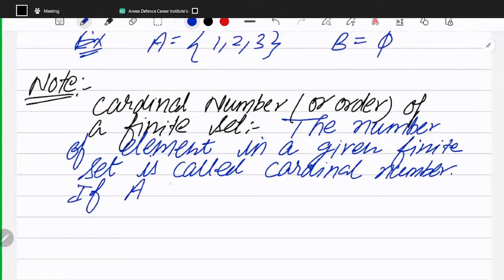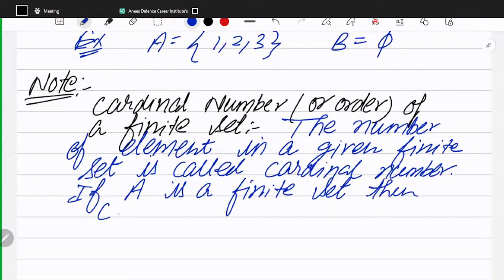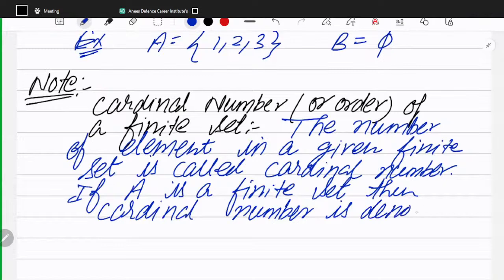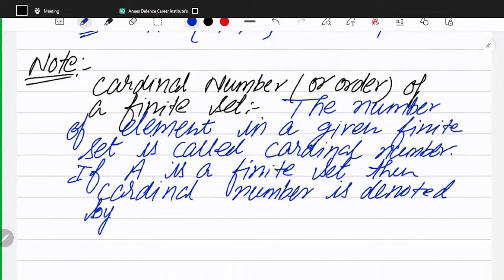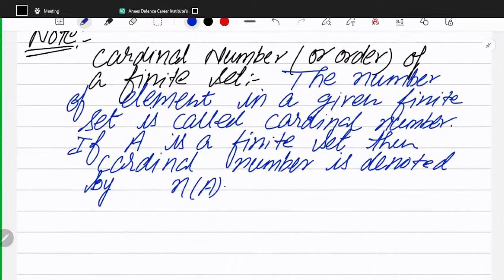If capital A is a finite set, then the cardinal number is denoted by n(A).